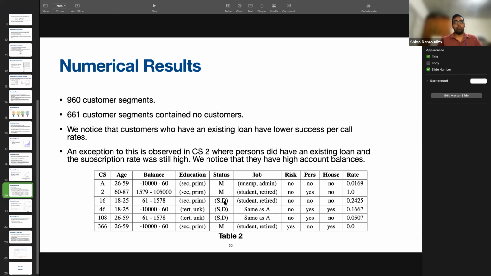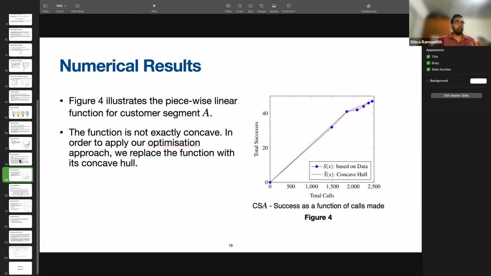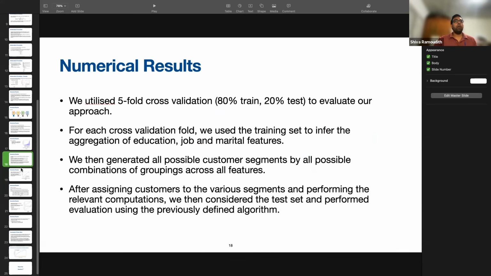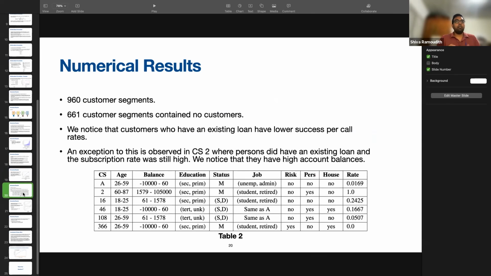When we applied the k-means clustering to determine how to aggregate the values within the feature, we realized that marital status had single, married, and divorced. From the k-means optimization, we found that it's useful to group single and divorced persons. So that's one group within the marital status, and the other would be married persons. So that's 2 possible groups there.